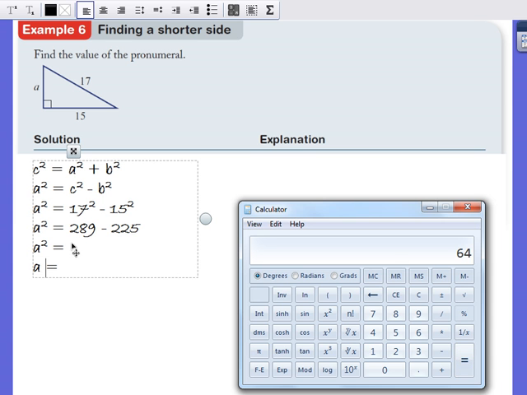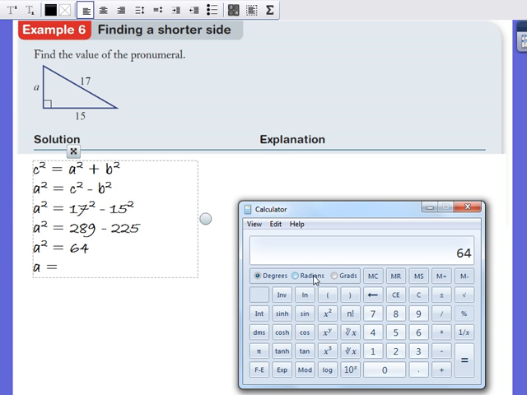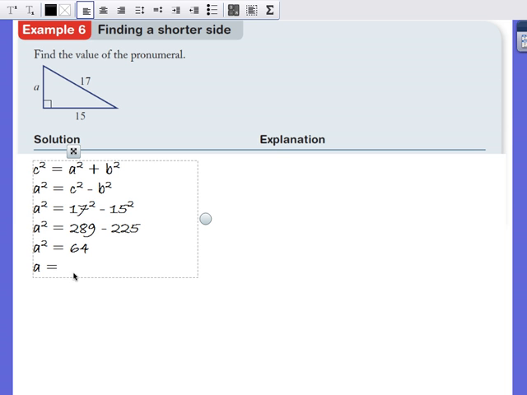So let's write 64 in there. And then I'm going to use the square root button. Where's the jolly thing? There it is. Square root of 64 is 8. So the length of this side here is 8 units.